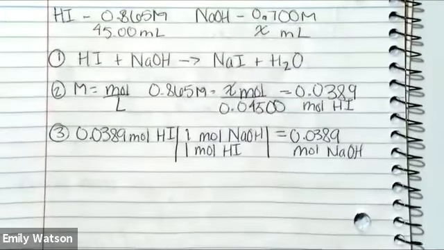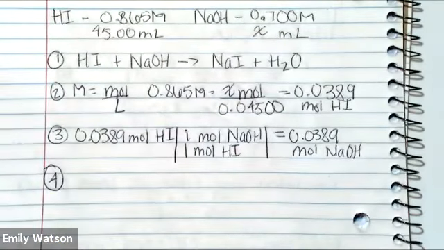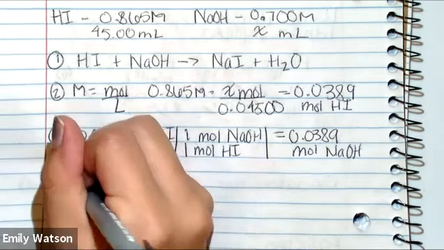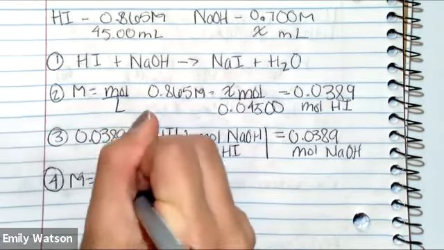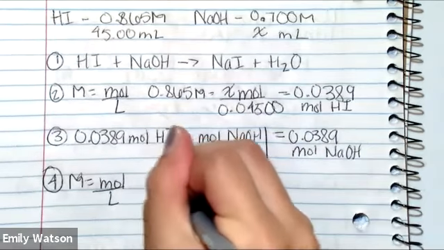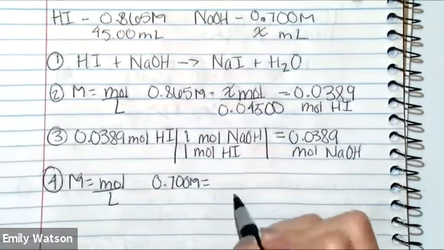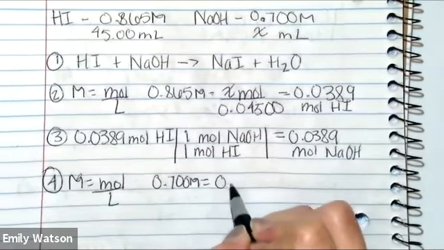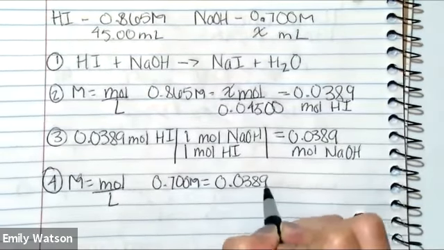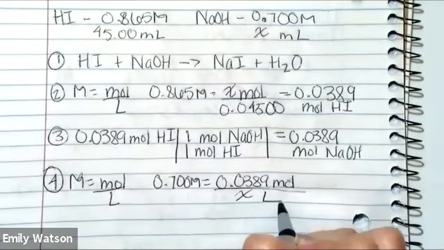And finally, step 4. What's step 4? Yes, we're going to go back to that molarity equation. We have the molarity. It was given to us in the problem. We have the number of moles. And we're looking for the number of liters, right?